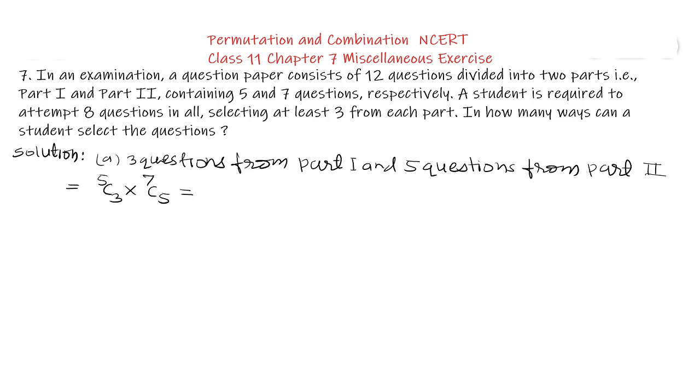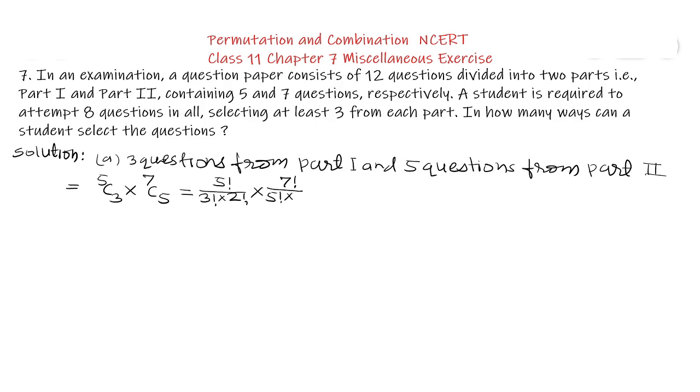This is equal to 5C3 is factorial 5 upon factorial 3 into factorial 2, multiplied by 7C5 is 7 factorial upon 5 factorial into 2 factorial.